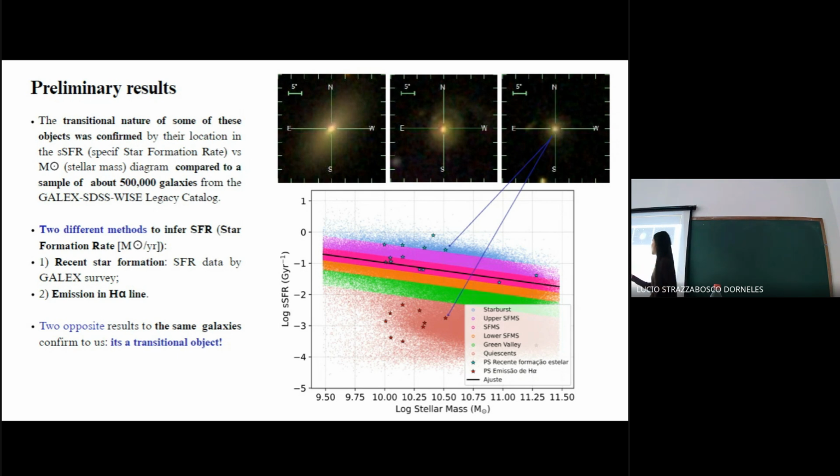At the end of the day, the two opposite results for the same galaxy confirm to us it's a transitional object, because here we have recent star formation, and here we have a galaxy that is still forming stars. And that's it, guys, I think.